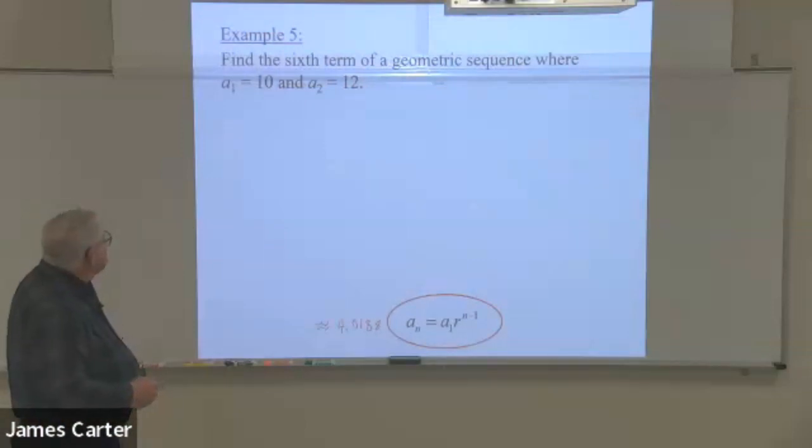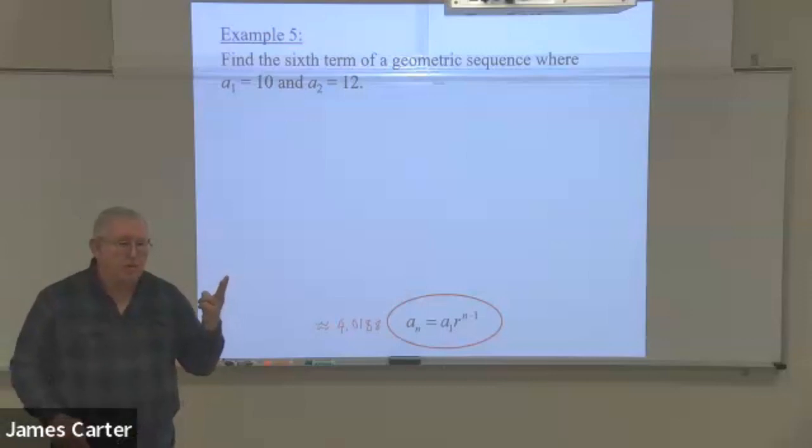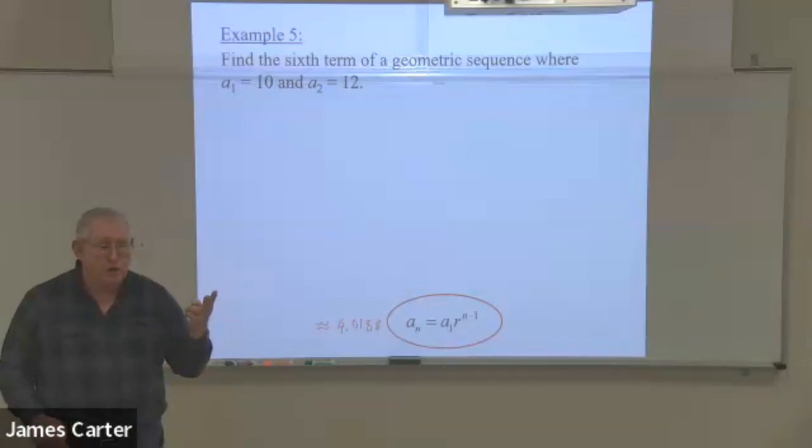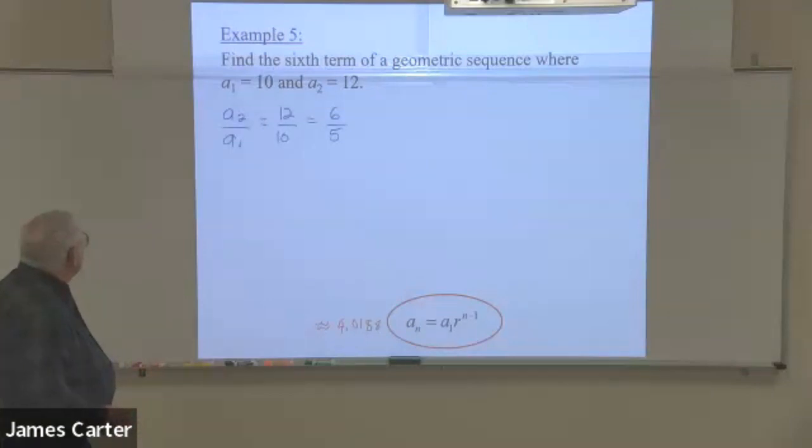Okay, find the sixth term where the first is 10 and the second is 12. So this is kind of a two-step problem. We've got to figure out the rule, and then once we find the rule, we can put in the sixth term. So we find the common ratio is 6/5.